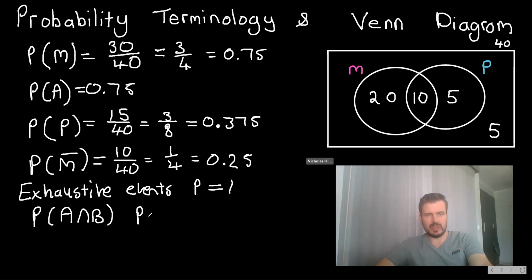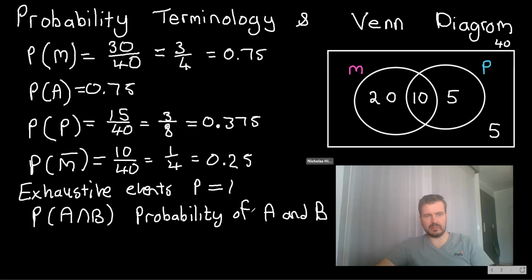That means the probability of A and B. So this symbol, we can think of this upside down as just, it looks like an A without the crossbar, an and. So that's how I remember it. A and. So that symbol means and.